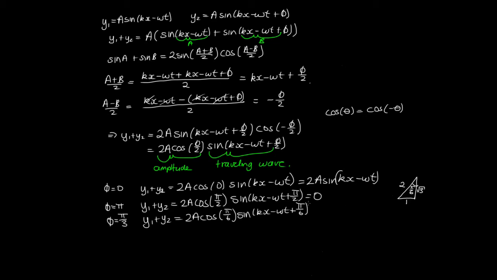And so cos of pi on 6 is adjacent over hypotenuse, or it's root 3 on 2. Okay, so just substituting in for this, we've got 2a times root 3 on 2, so that is equal to a root 3 times sine of kx minus omega t plus pi on 6.